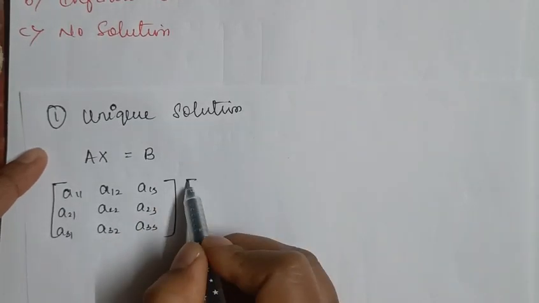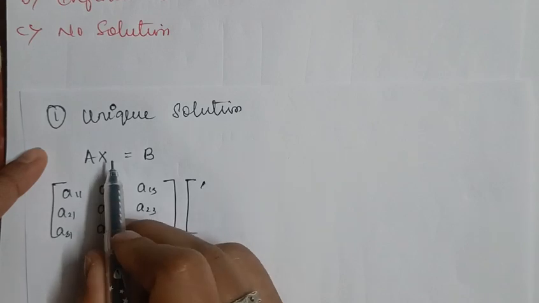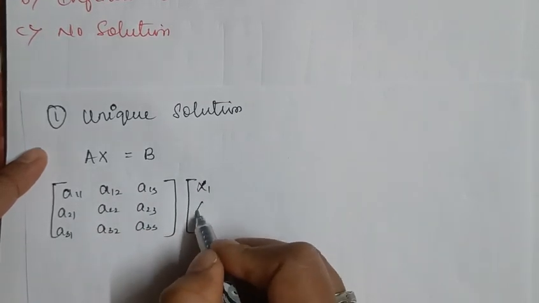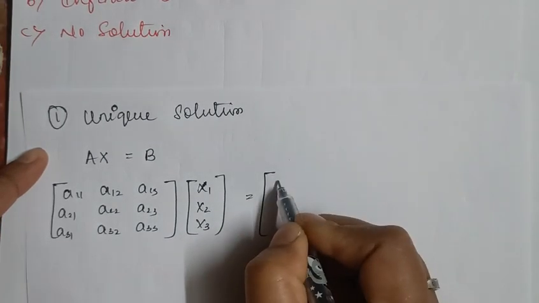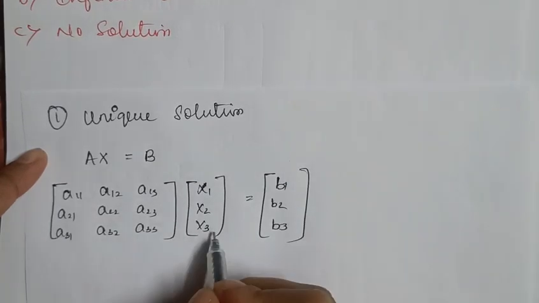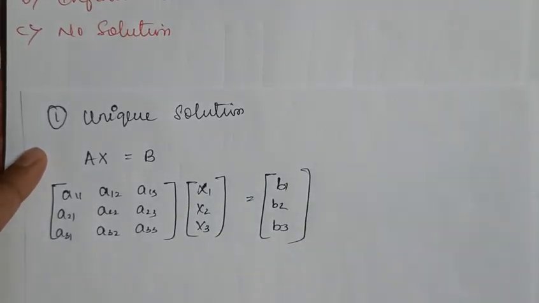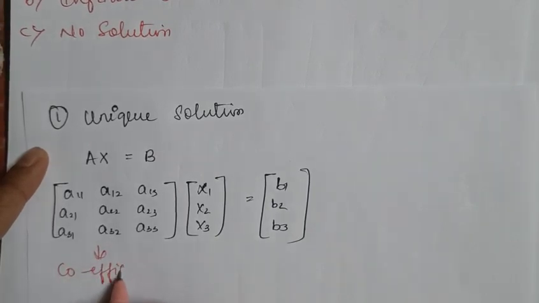And X is the unknown, so let me write it as x1, x2, and x3, which is equal to b1, b2, and b3. This is a constant matrix, this is an unknown or variable matrix, and this is the coefficient matrix. For your understanding, I will just rewrite it.